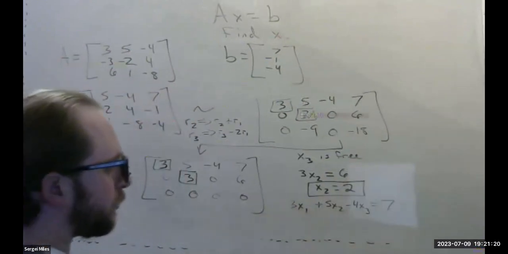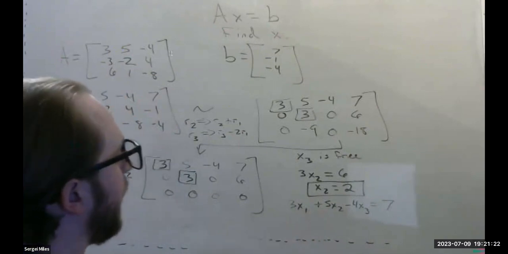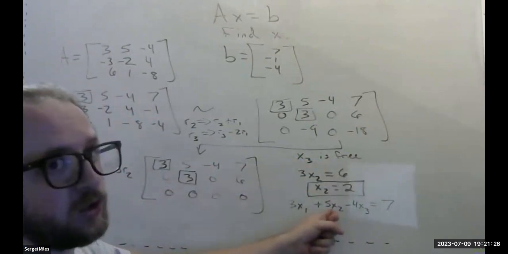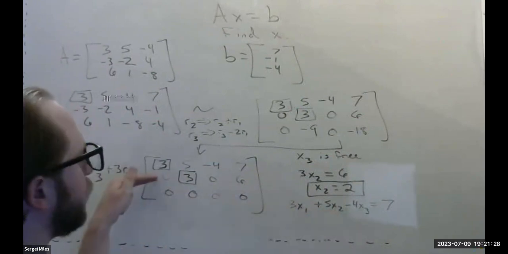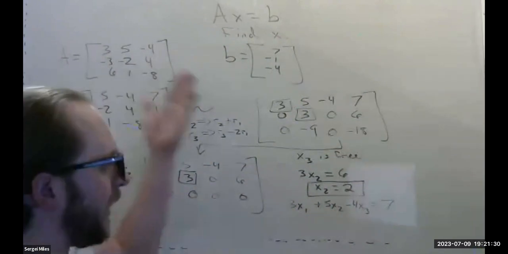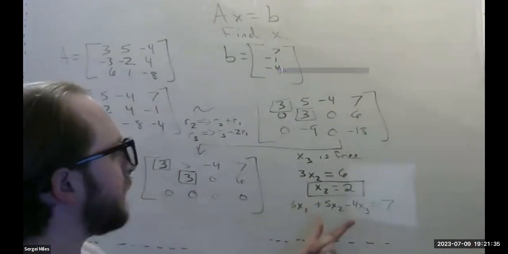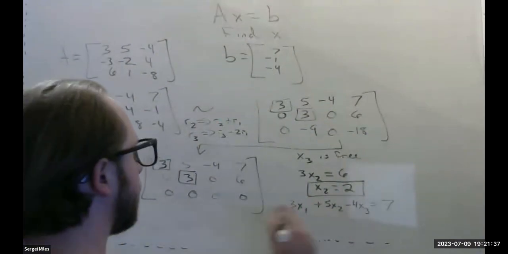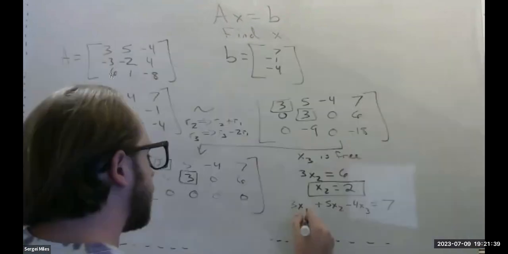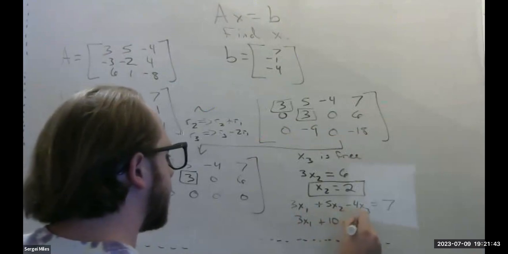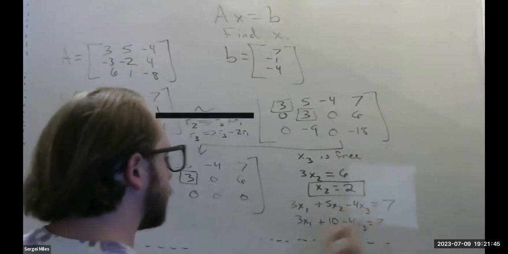Now, if I had started with row 1 and I hadn't looked at row 2 yet, I would have no idea what x2 is. But because I looked at row 2 first, I'm like, aha, I already know x2 is 2. I can plug that in and make this equation nicer for me. So now I have 3x1 plus 10 minus 4x3 equals 7.